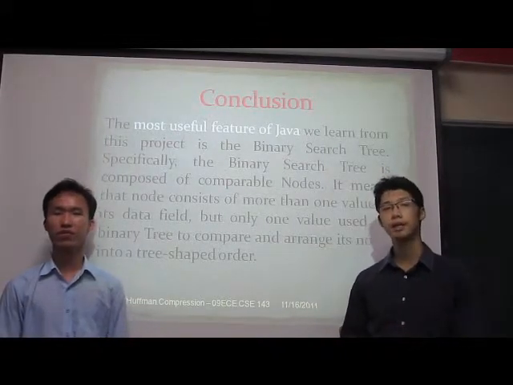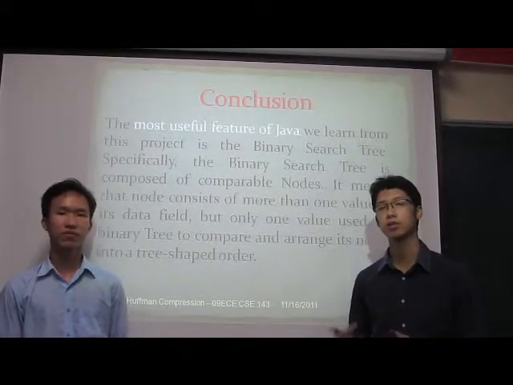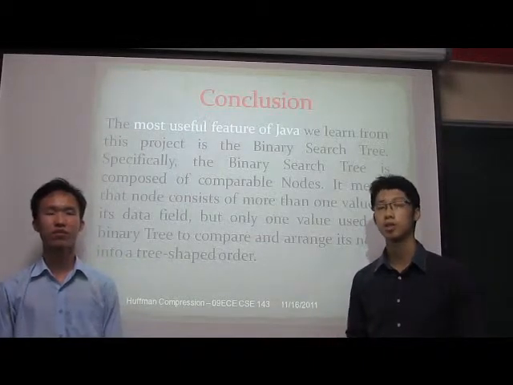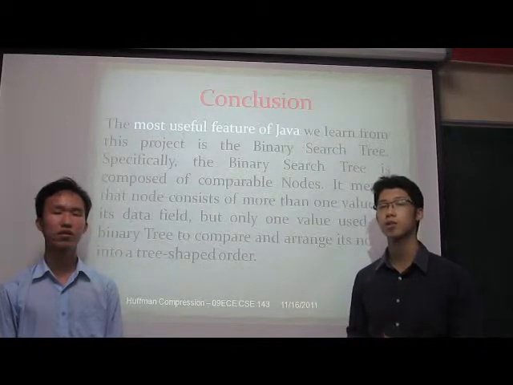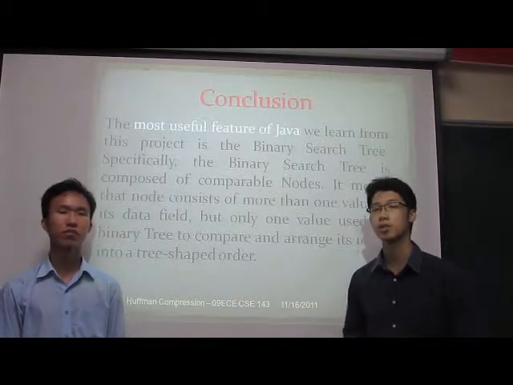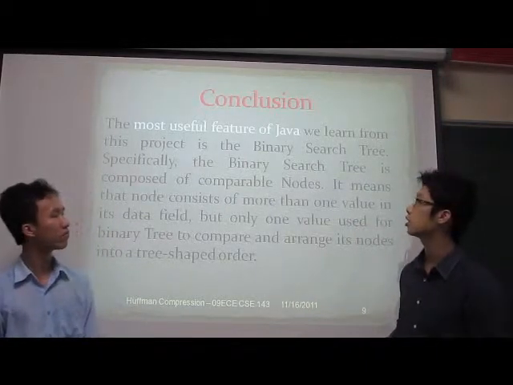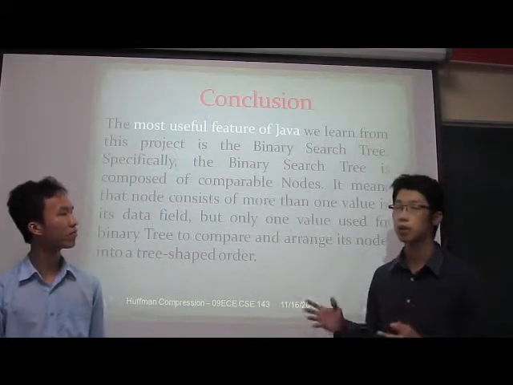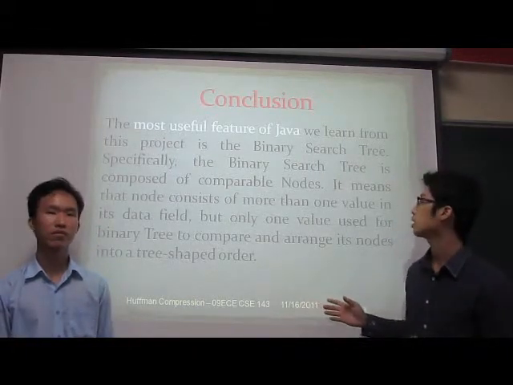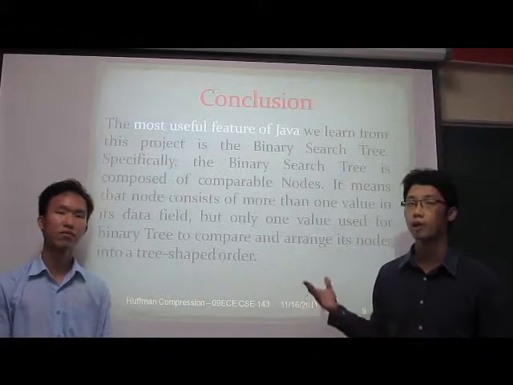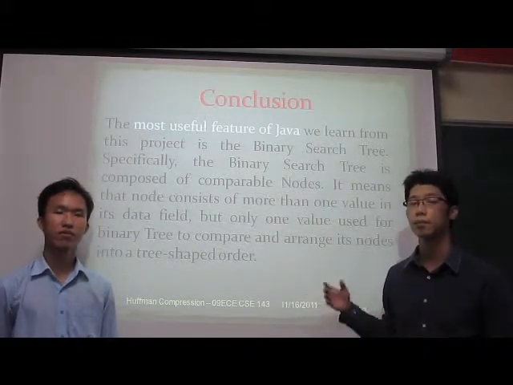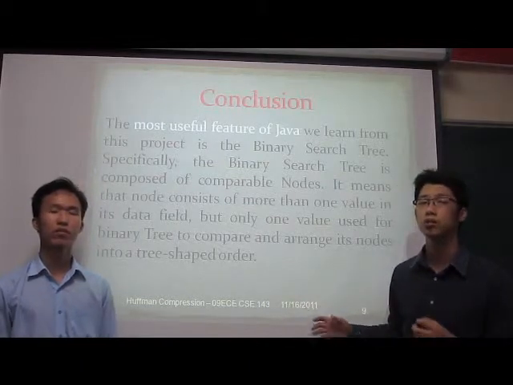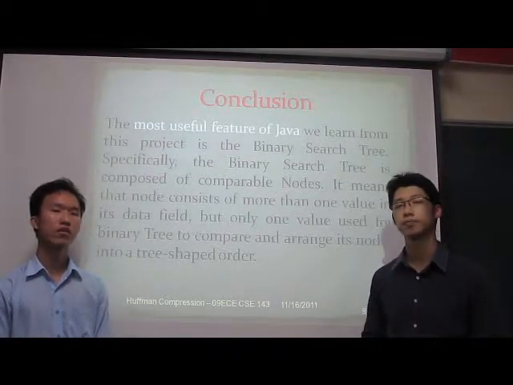After spending time and much effort trying to solve the projects, we learned one of the most useful features of Java, that is the binary search trees. The binary search tree, in fact, is composed of comparable nodes. It means that the nodes consist of more than one value, but only one value is used by binary search trees to compare and rank each node in the tree's order.